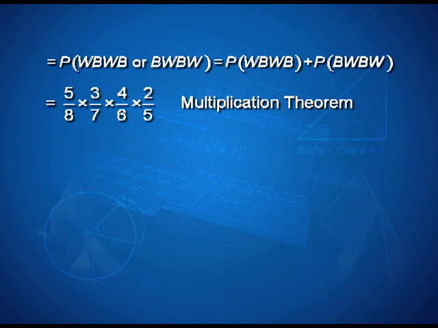So, the total possible outcomes now become 7, and therefore, the probability of the second ball being black is 3 by 7. Third ball being a white ball, probability will become 4 by 6, because one white has gone and one is less from the total, into 2 by 5, remaining balls are 5 and there are only 2 black balls left.